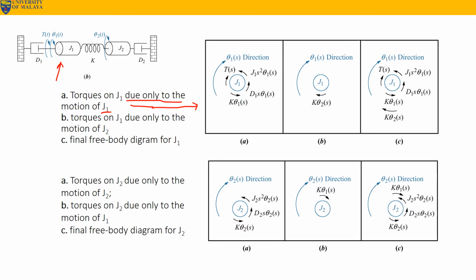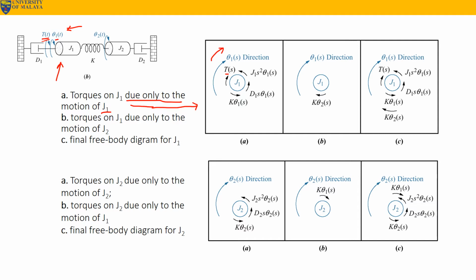Assume that the positive theta1 direction is the clockwise direction. If we refer to figure B, it is as if you are looking from the right to the left. So that is the positive theta1 direction. The first component in this schematic is the input torque, capital T of S, which is in the same direction as theta1 as defined.